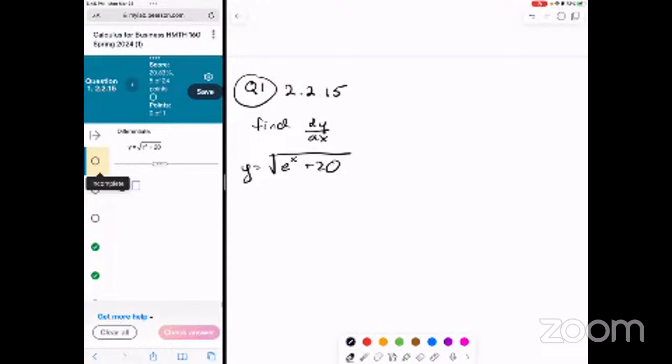Okay. So dy by dx equals, if the power comes down, it's going to be a 1/2 times the inside, the radicand. We subtract 1, so that's going to be a negative 1/2. Then we got to say times the derivative of the inside function, which is just going to be e to the x. Okay. So essentially that first factor is on the denominator, the second one is on the numerator.